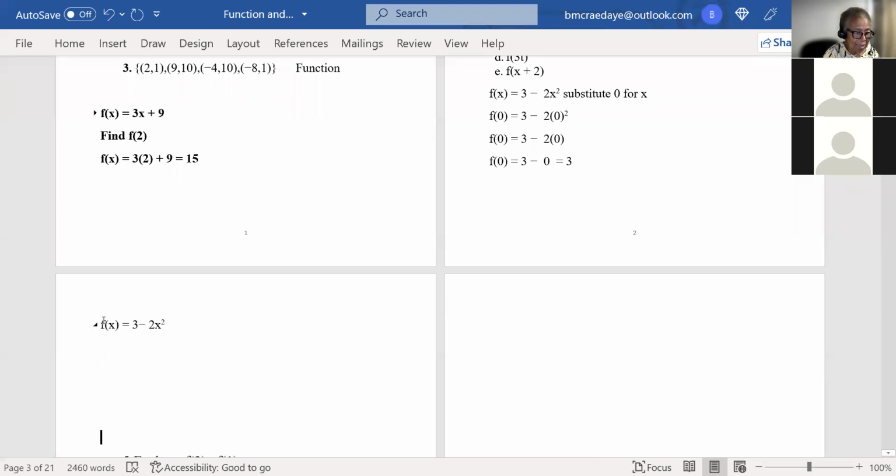That's right. So you put a 2, f of 2, and wherever there's an x, you're going to put a 2. So you put a 2 here, and that 2 is squared, right? Because the x is squared, so the 2 is squared.